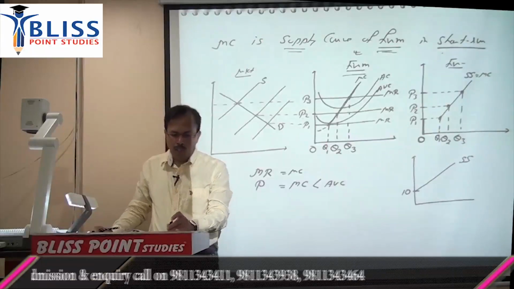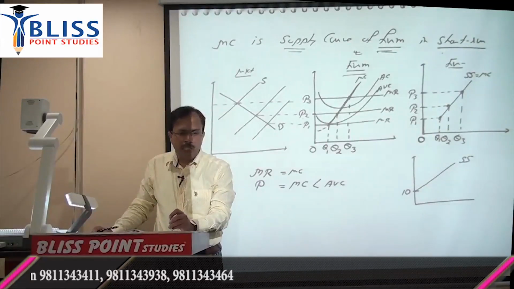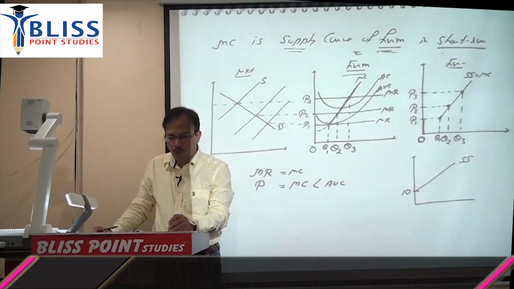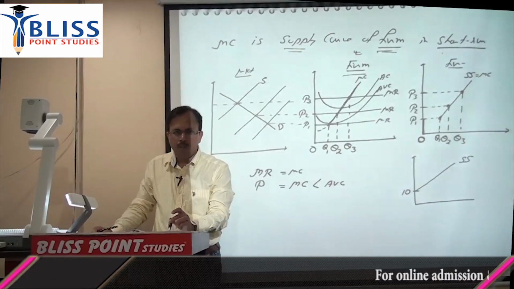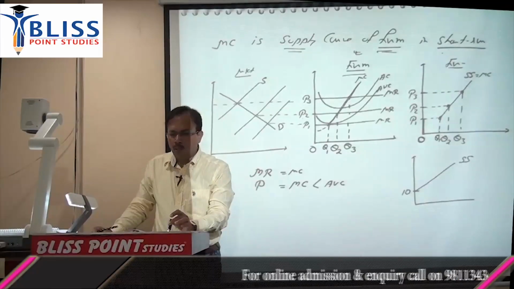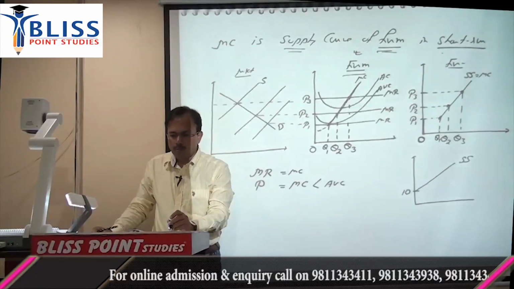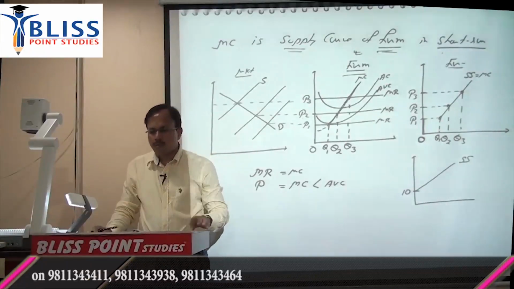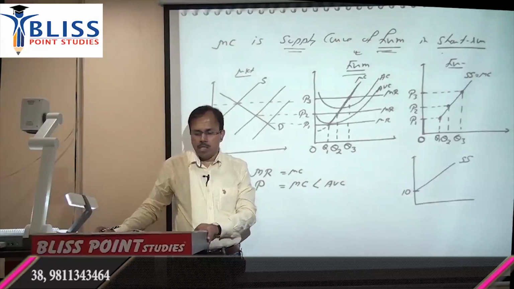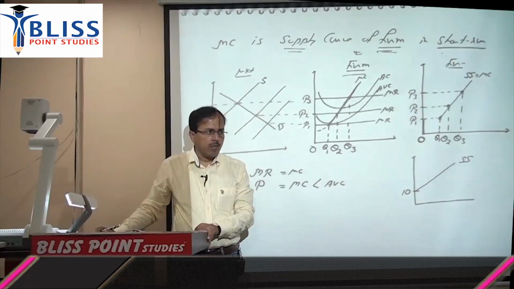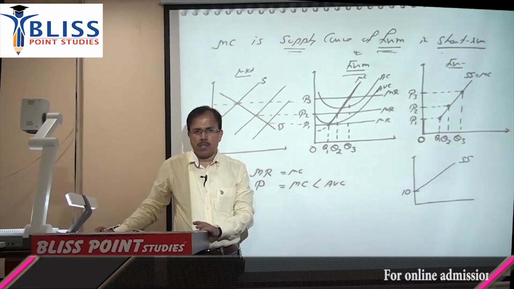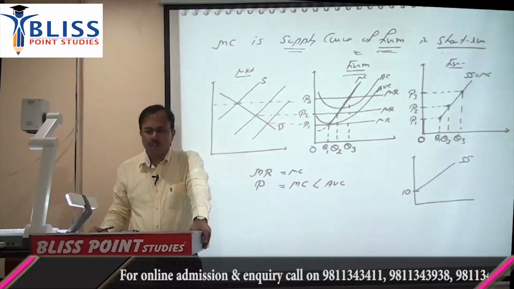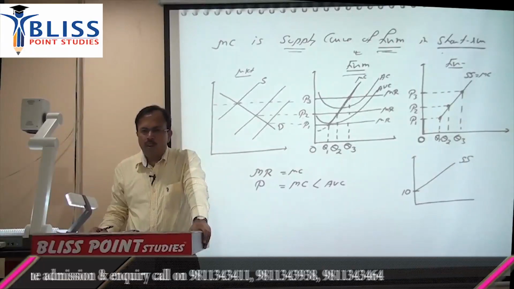Full stop. Therefore, only that part of MC which is above AVC is supply curve of competitive firm.